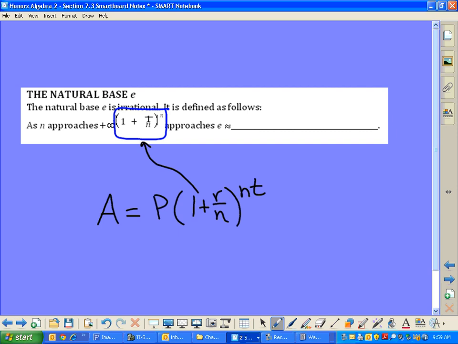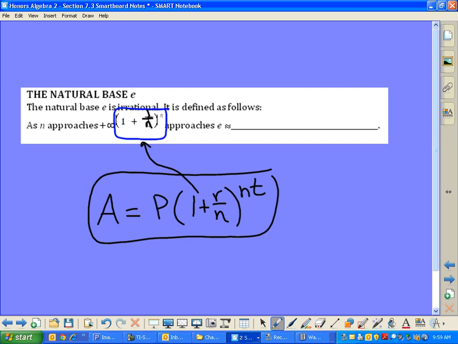This is supposed to be 1 over n. We use this formula when the wording in a problem indicates that we would compound interest monthly, weekly, daily, every hour, every minute, when there was a number of compoundings we could figure out.